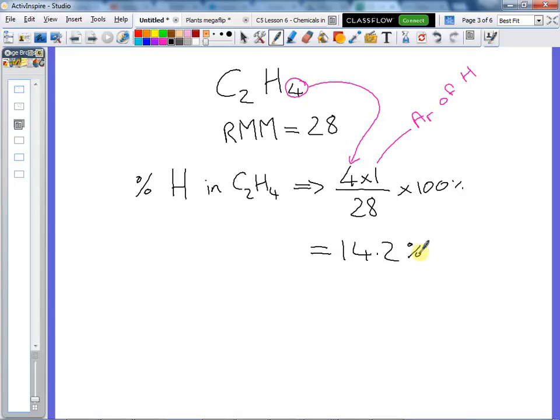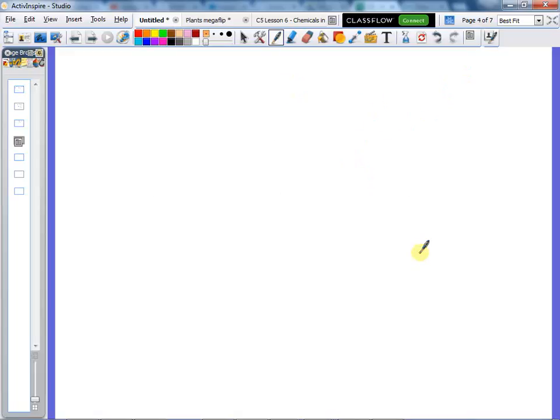I'm going to do one more example before we go on to something a little bit more. Again, I'm going to use zinc cyanide. This is a little bit more complicated, because we need to know the molecular mass of zinc cyanide. The RMM equals 117.